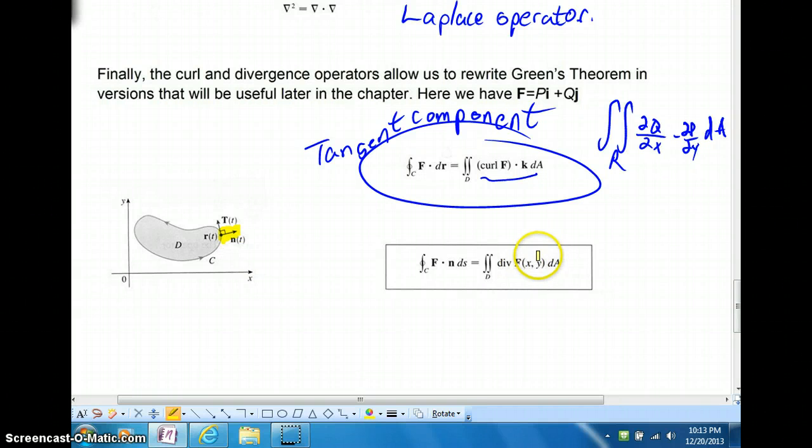It can be shown that that plain and simply would be the divergence of vector field F. I'm not going to prove that right now. The author does write it out extensively in the book, but think of this as a nice introduction. It will prove very helpful as we get into later sections of chapter 16.